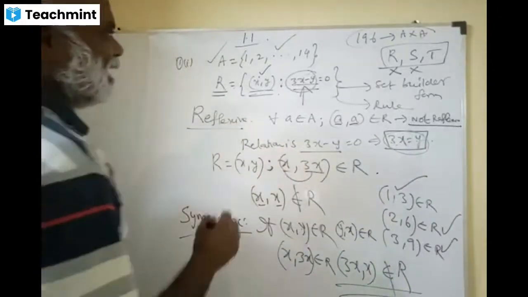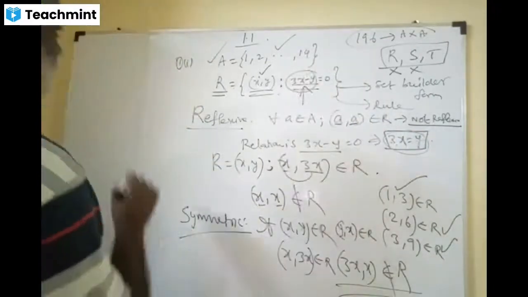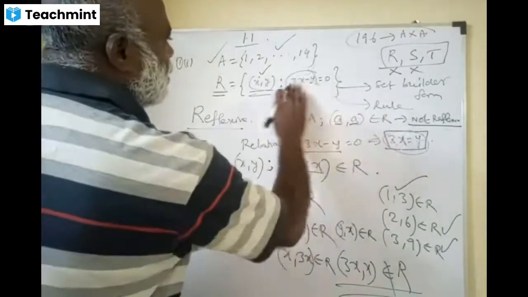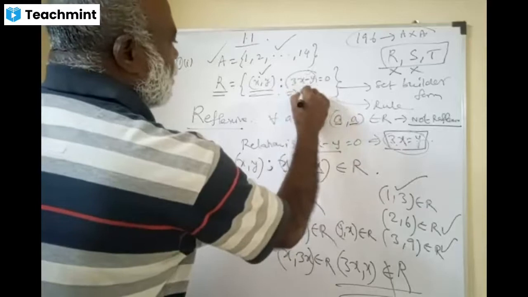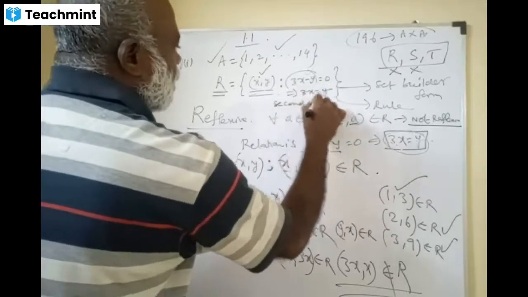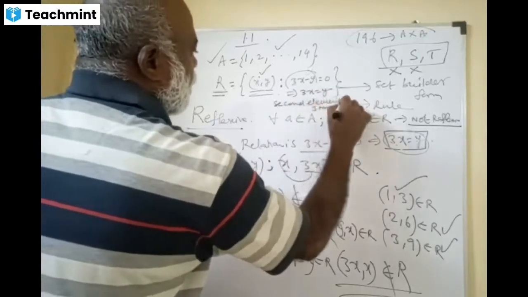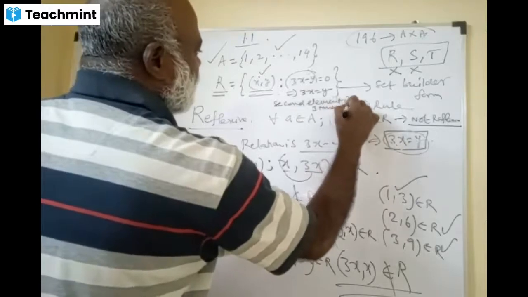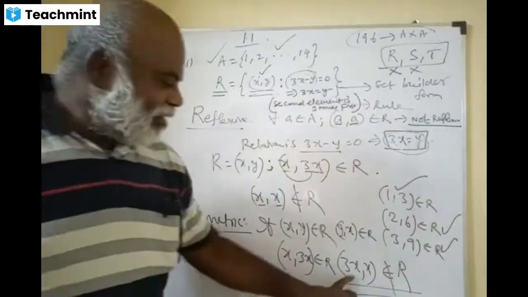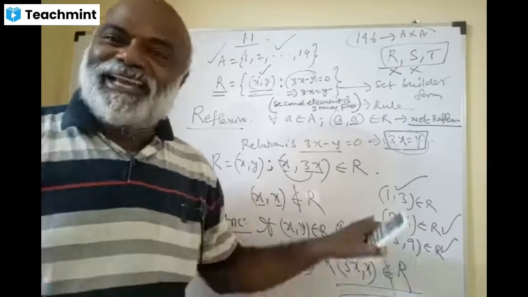You should think like this: the second element is 3 times the first element. That's the story. That's the relation, please. Three times the first element. Here actually the first element is 3 times the second element, which is not a relation.